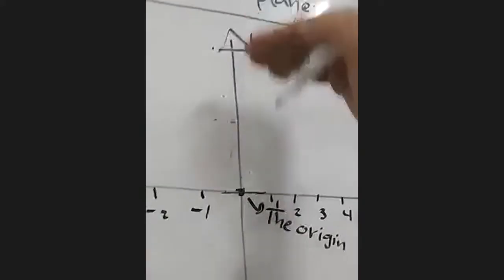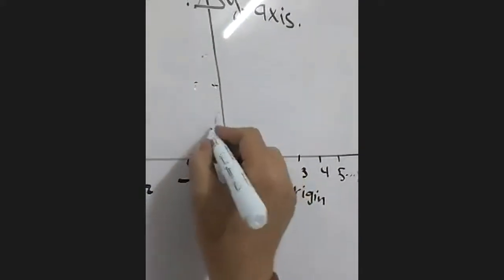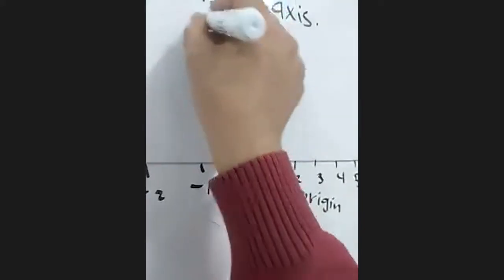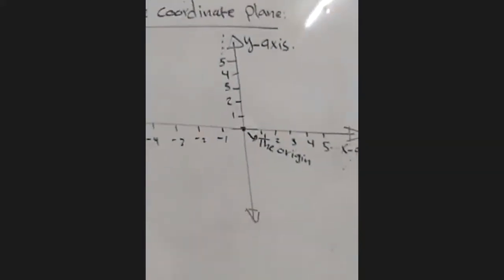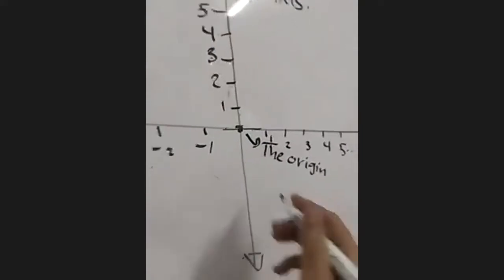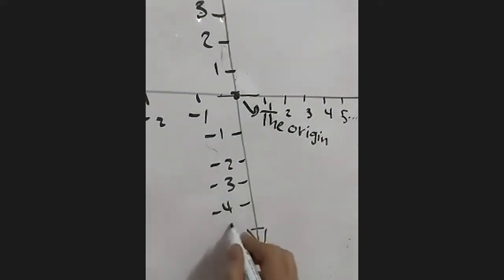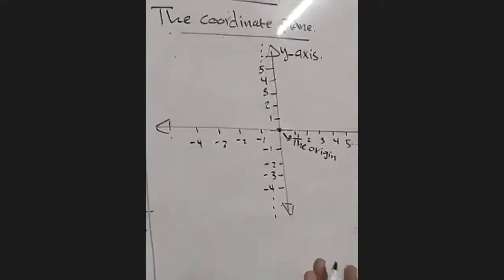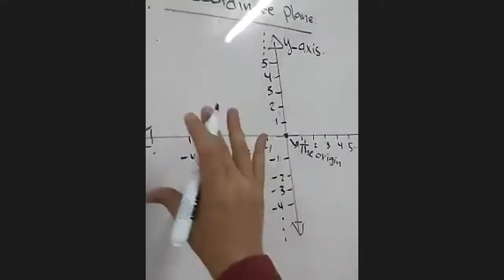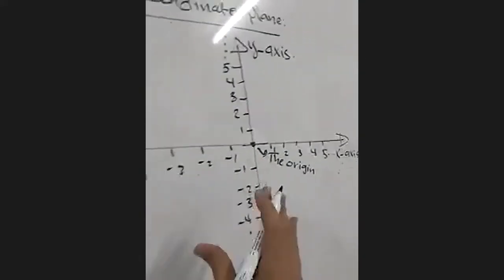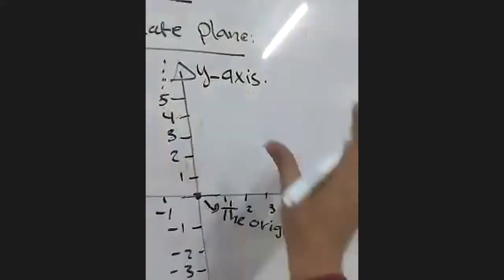Here also up, we have positive numbers like 1, 2, 3, 4, 5, and you can go forever. Down here also we have negative numbers, -1, -2, -3, -4. But as I told you, we won't use the negative parts because you didn't take negative numbers yet. Just so you know, we will use only the positive numbers.